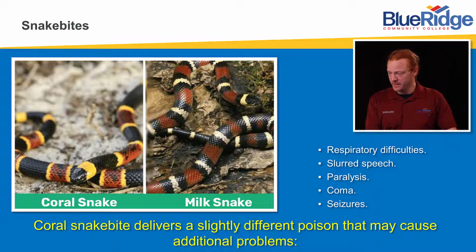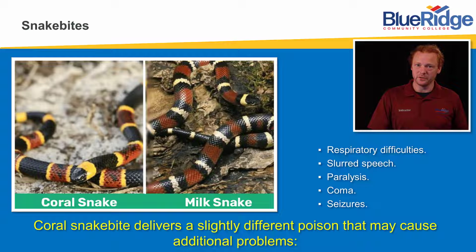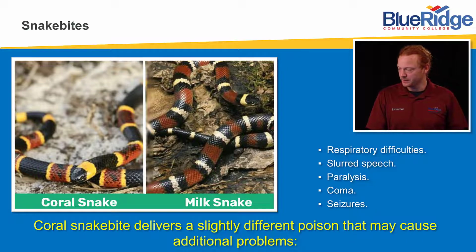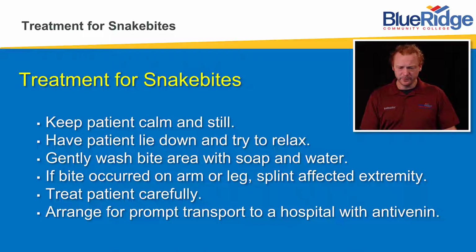You'll notice the black to yellow coloration on the coral snake, and black to red on the milk snake is the most easily identifiable. But they're not typical. They don't look like your typical pit viper, like your rattlesnakes, cottonmouths, and copperheads.